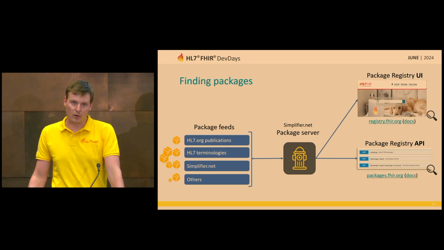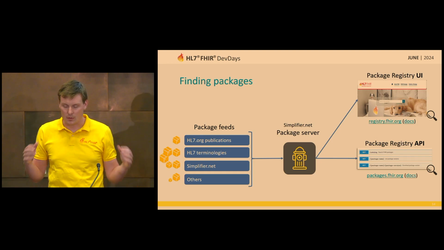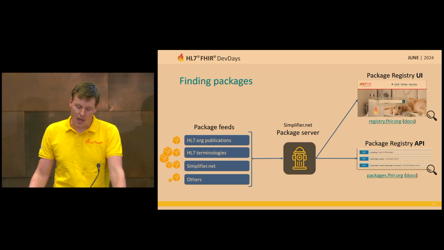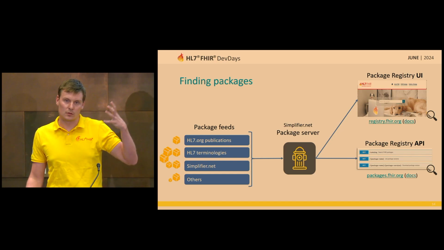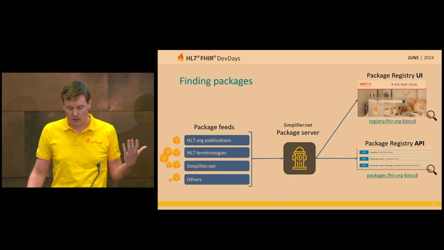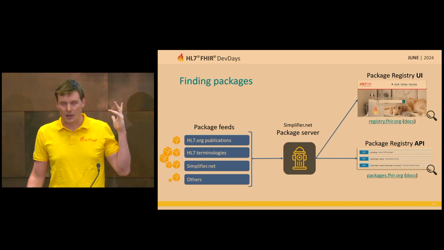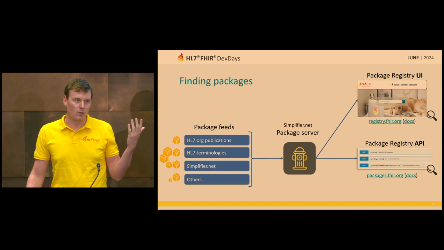That's built on top of Simplifier.net, which we discussed with HL7 International to be used as the backbone of the package registry. And Simplifier pulls a lot of package feeds. Not a lot of them. HL7.org has a package feed, and a package feed is more like, if you know what an RSS feed is, it looks a little bit similar.